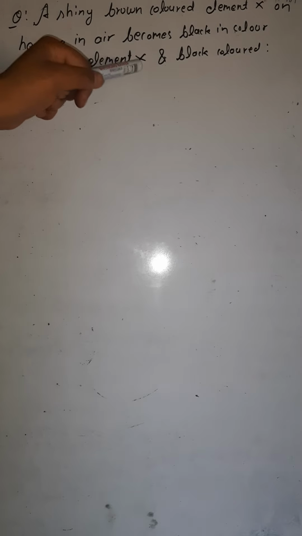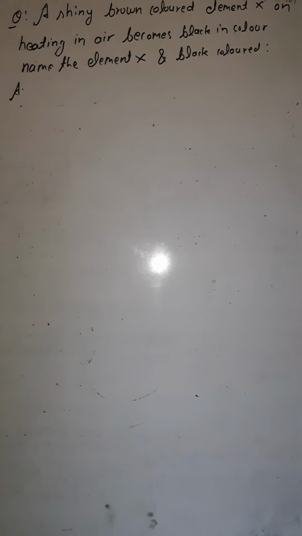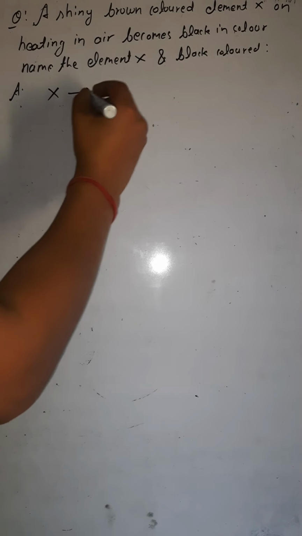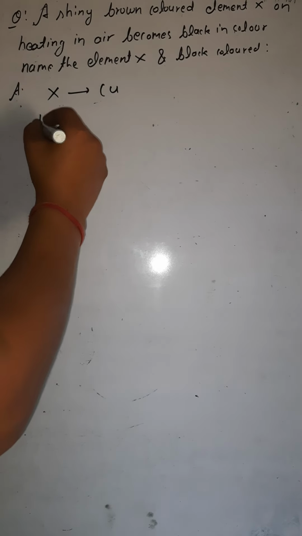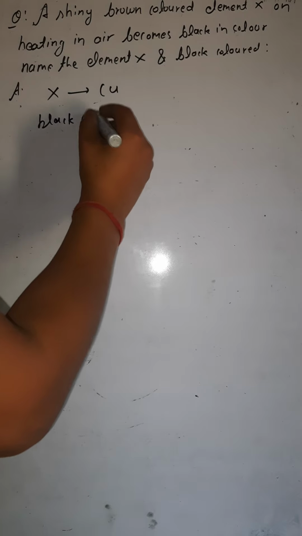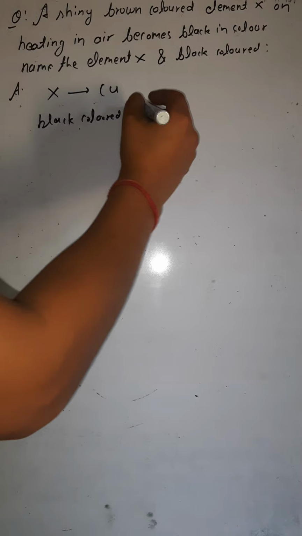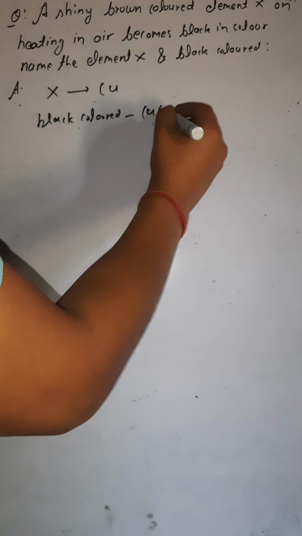So name the element X. What could X be here? X could be this copper, and the black colored one could be this copper oxide. So X is copper, and the black colored compound that is being formed is CuO, that is copper oxide.